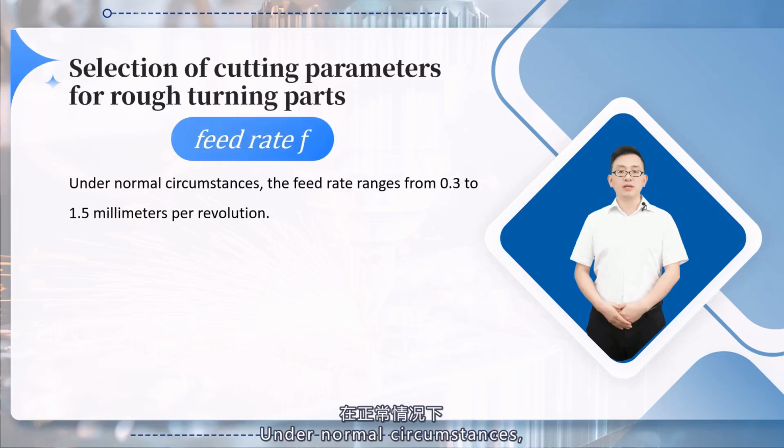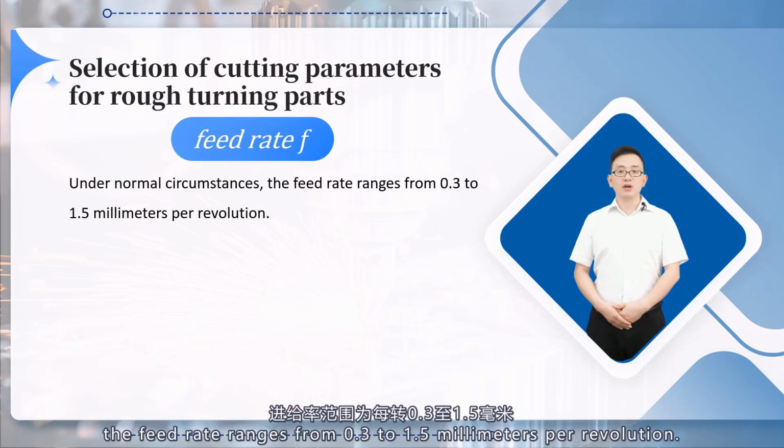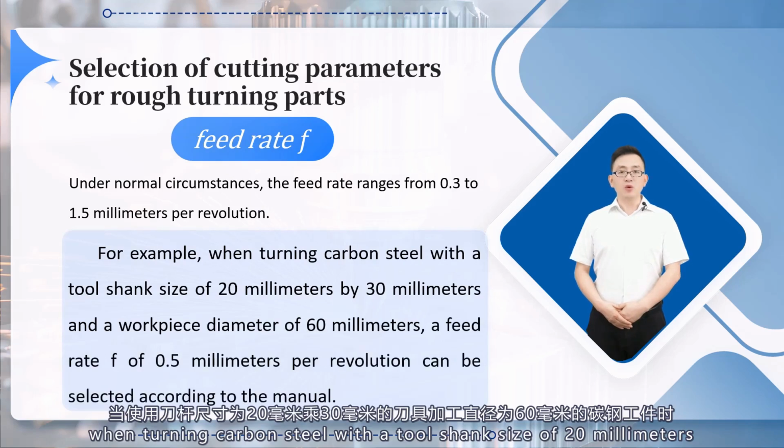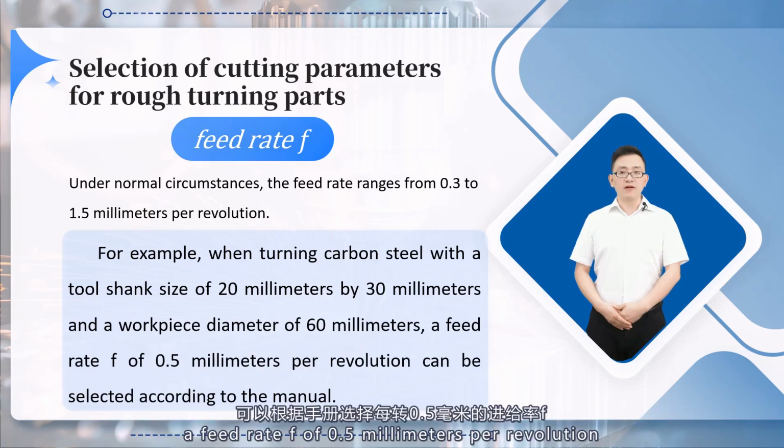Under normal circumstances, the feed rate ranges from 0.3 to 1.5 mm per revolution. For example, when turning carbon steel with a tool shank size of 20 mm by 30 mm and a workpiece diameter of 60 mm, a feed rate F of 0.5 mm per revolution can be selected according to the manual.